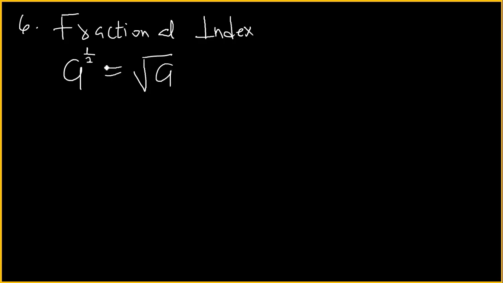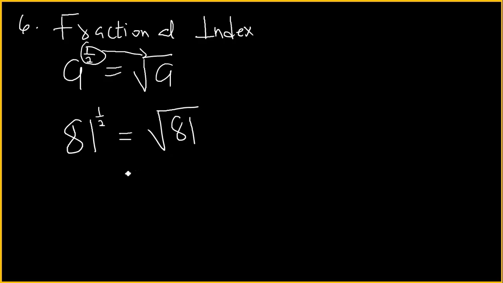Now the half, which acts as an index, means root, means square root. Example, 81 raised to the power half is written as the square root of 81, and this gives us 9.